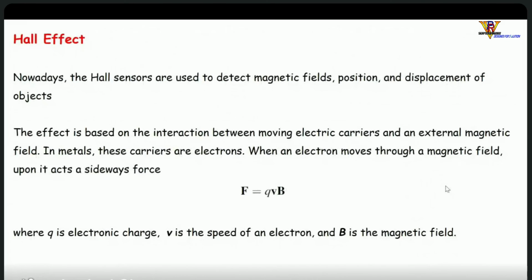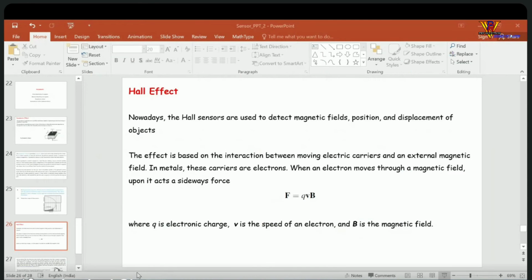As mentioned, we can sense the position, magnetic field, and displacement of an object: how much displacement there is, what the position is, and how much magnetic field exists. We can also design Hall effect sensors based on the sensing principle related to the Hall effect.